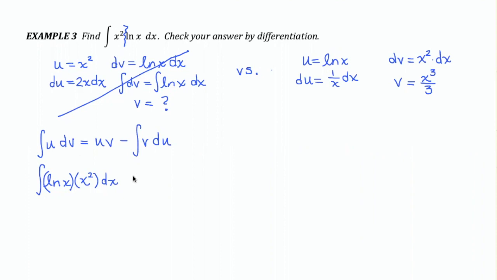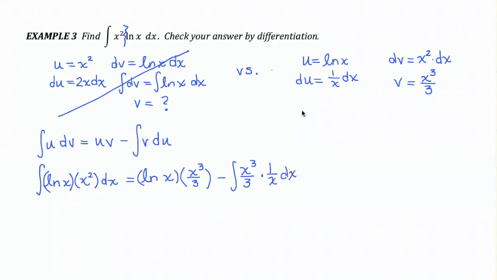That's fine, they're equivalent. Then I do u, which is natural log of x, times v, which was x cubed over 3, minus the integral of v, x cubed over 3, times du, and du is this 1 over x dx.